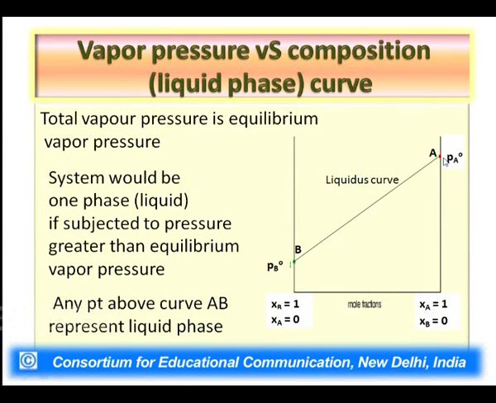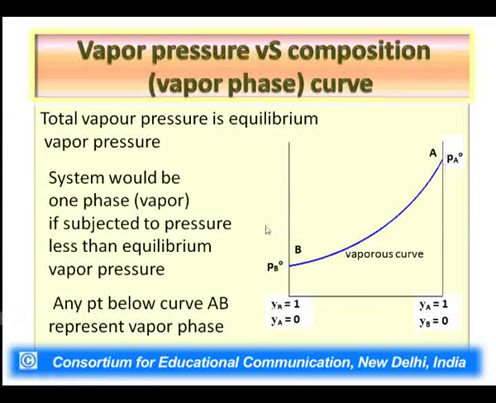Earlier, when you plotted liquid phase composition, the curve was a linear line between points A and B. Now, when you plot total vapor pressure versus composition in vapor phase, the curve is parabolic between the same two points A and B, where point A represents vapor pressure of pure component A and point B represents vapor pressure of pure component B.